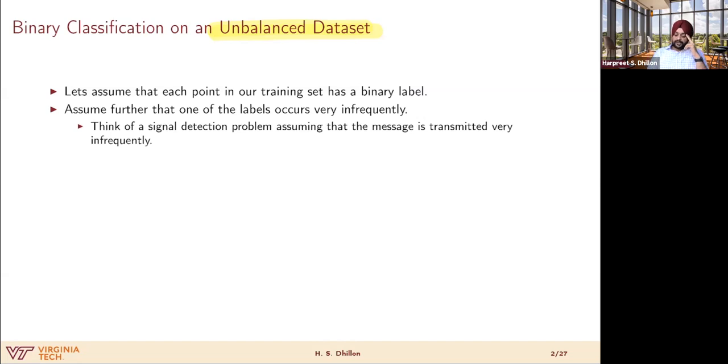Assume further that one of the labels occurs very infrequently. This could be a signal detection problem in which the message is transmitted very infrequently. So most of the time you are receiving just noise, but every now and then you might have a message. So the transmission of a message is very infrequent.